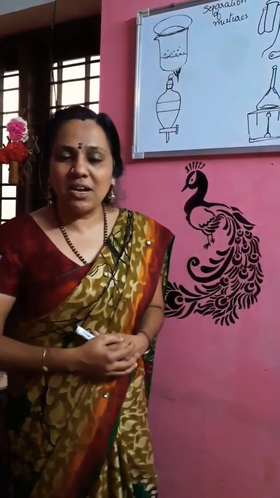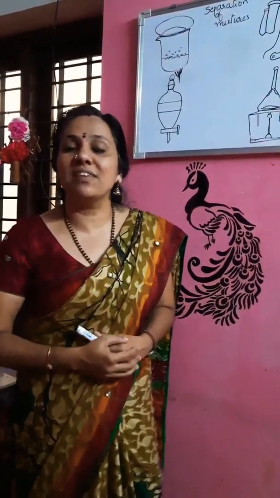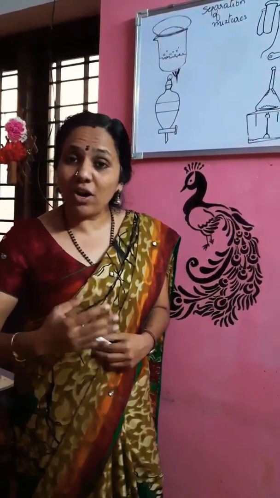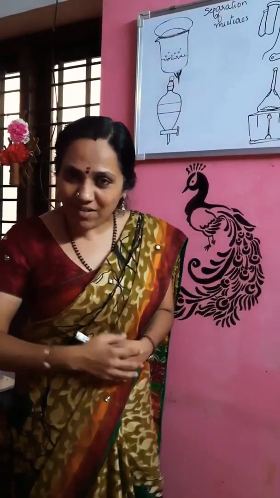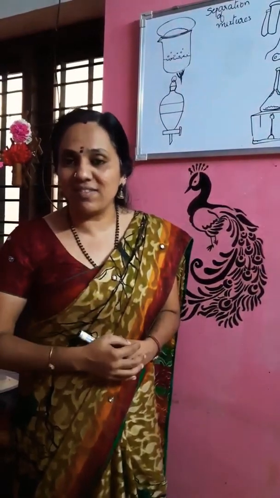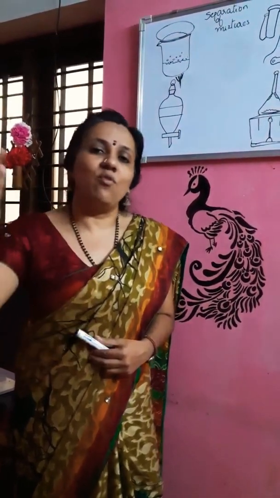So what is evaporation? It is used for separating those components which have a difference in volatility. The more volatile component will evaporate faster, and the less volatile component will remain there. In the mixture of salt and seawater, the salt will remain there and water will evaporate.